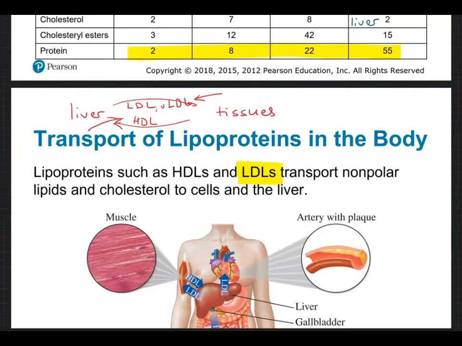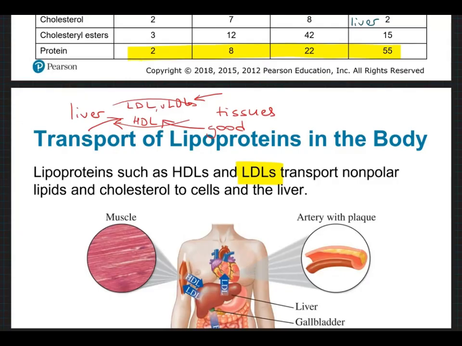And on top of that, your cardiovascular system will start forming plaques using, quote unquote, LDL and VLDL, but not HDL. So HDL does not contribute to the risk of having atherosclerosis. Am I clear? Okay.